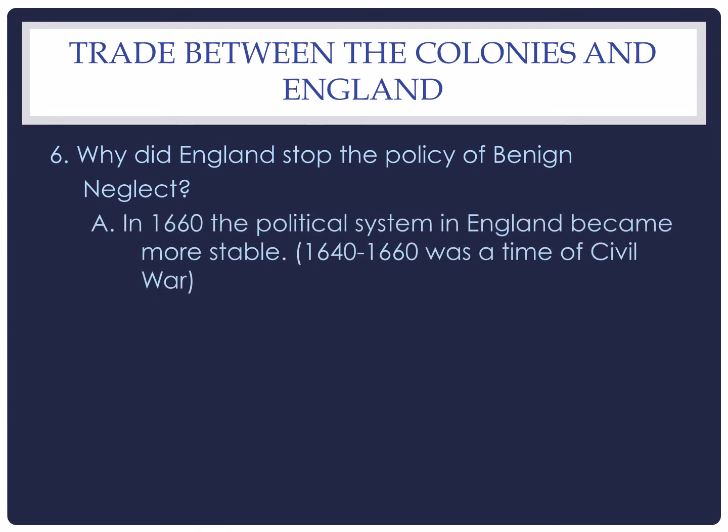For one, the political system in England had become more stable. For the previous 20 years, there had been a period of civil war in England, and so people in England, especially the politicians, were more concerned about what was going on inside of England. They didn't really have the time or the desire to worry about what was going on in the colonies.